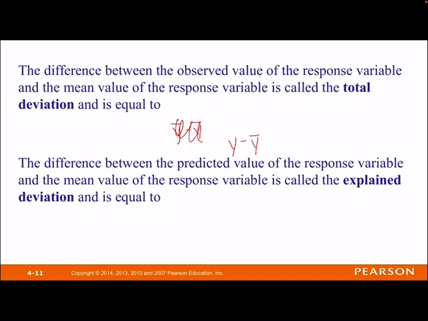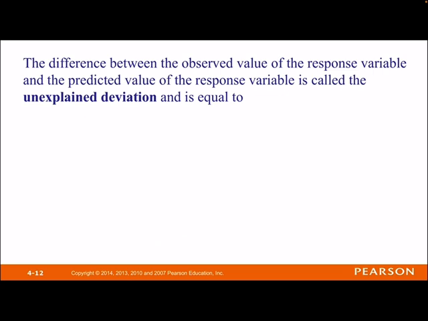The difference between the predicted value of the response variable and the mean value of the response variable is called the explained deviation, and that's equal to y hat minus y bar. There they are; I typed them in there.